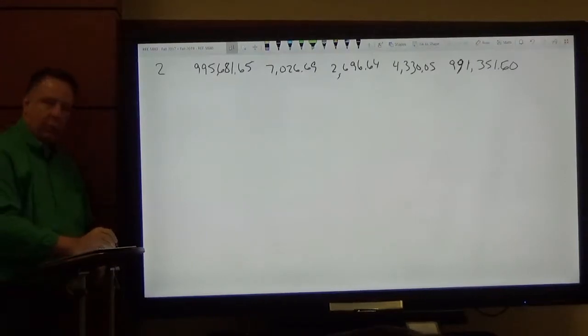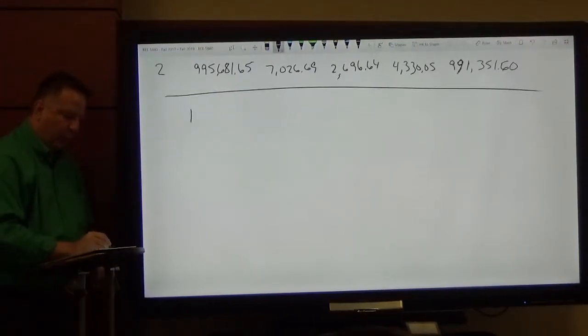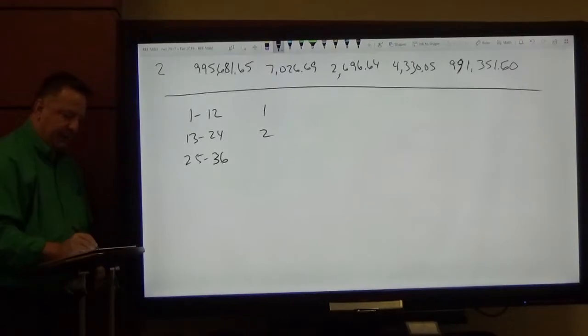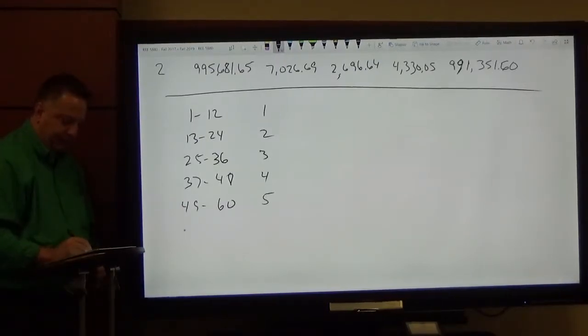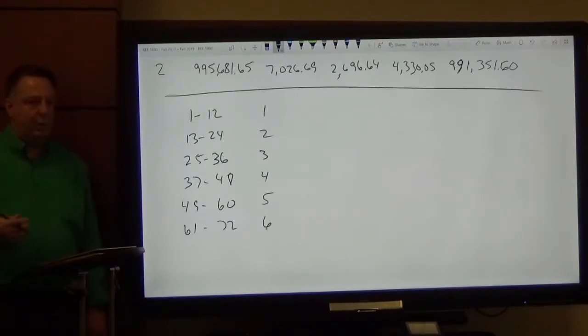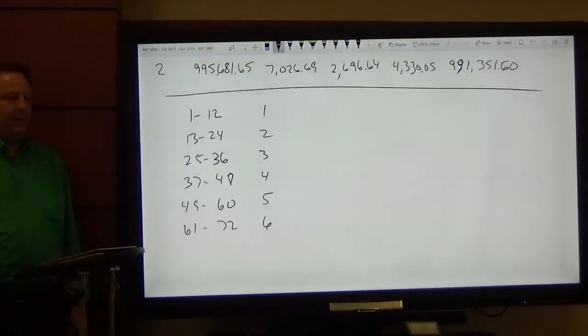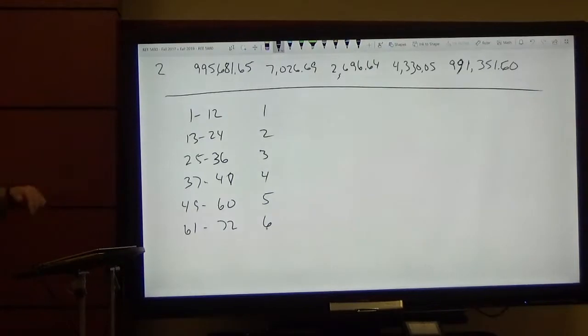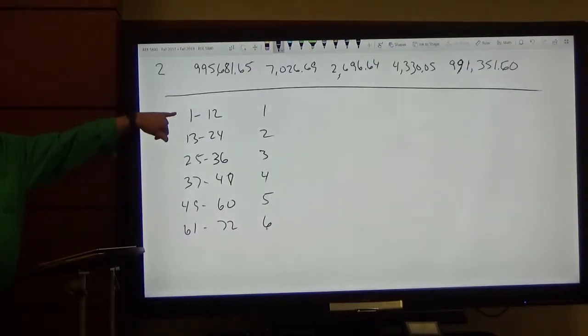Okay, so real quickly, 1 to 12 is year 1. 13 to 24 is year 2. 25 to 36 is year 3. 37 to 48 is year 4. 49 to 60 is year 5. 61 to 72 is year 6, and so forth. Everybody follow that? Because you only want to capture January through December.